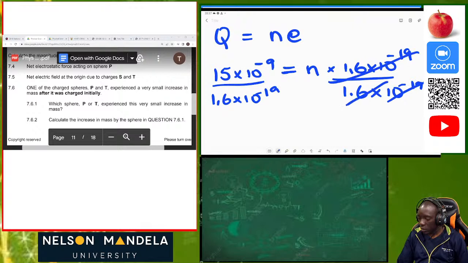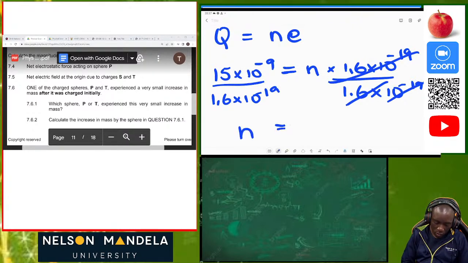Then N equals 15 times 10 to the -9 divided by 1.6 times 10 to the -19.